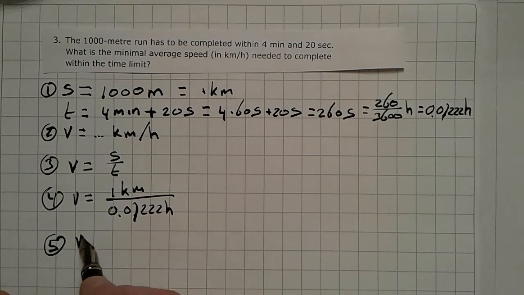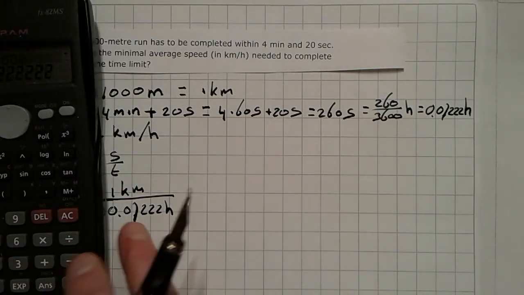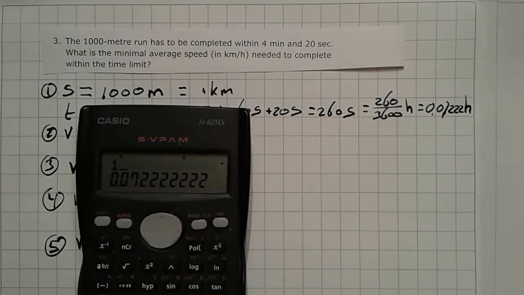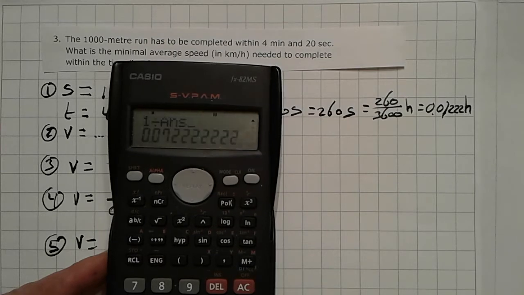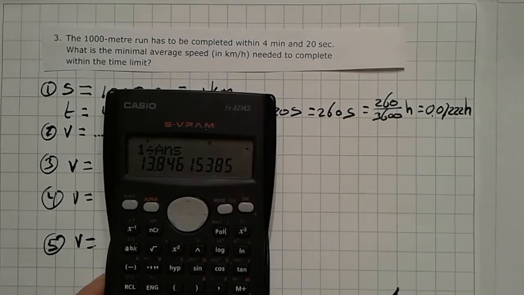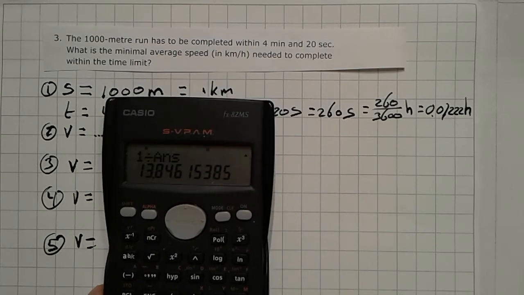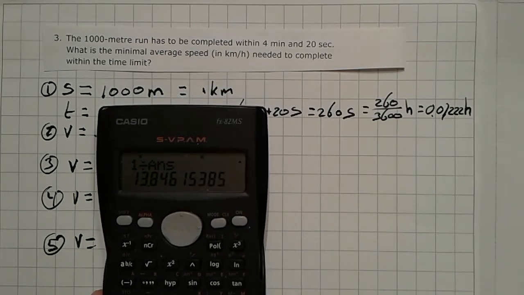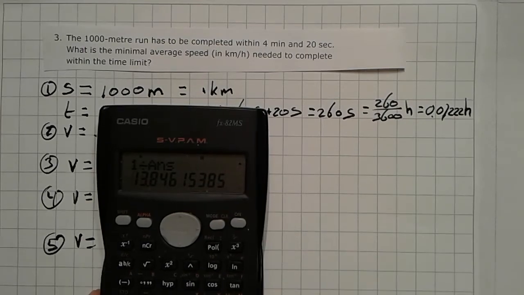So V equals 1 over 0.07222, and that is 1 over... 13.846. I would say this is 13.85.